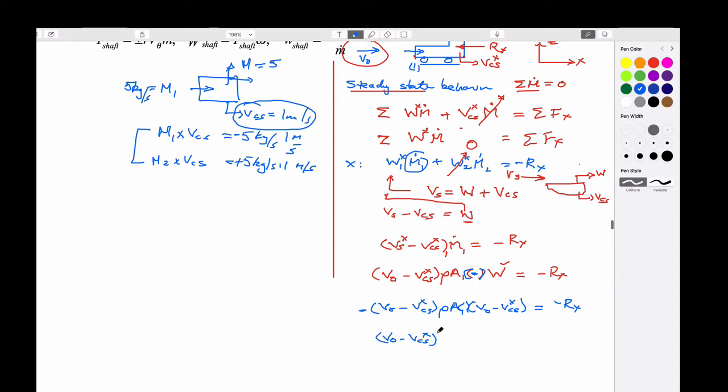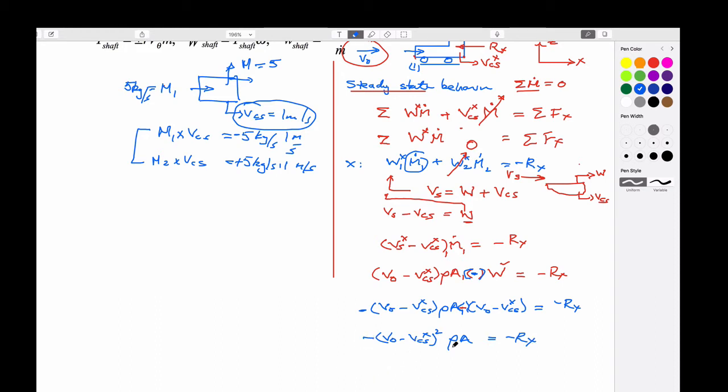We have two of these terms, so it's squared rho A. This is a minus term in here, if you can see it. And this is equal to minus Rx. So that's the expression. I think that's the right terms.